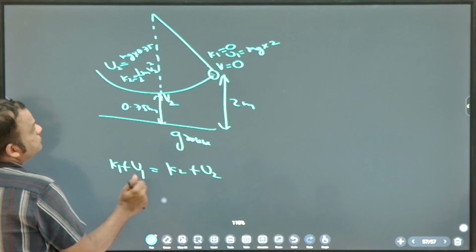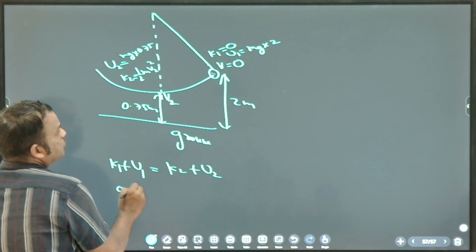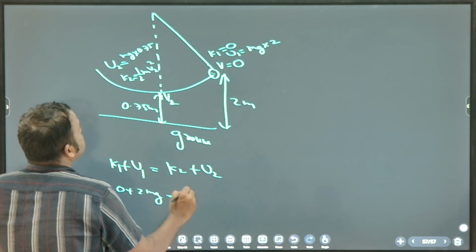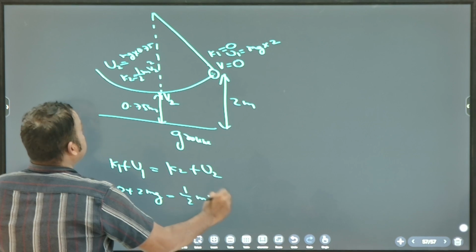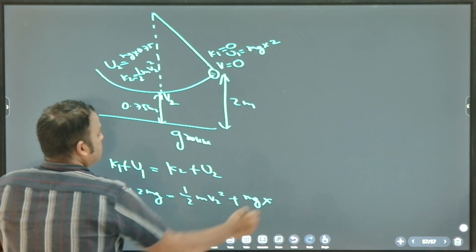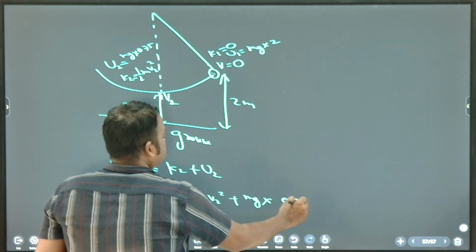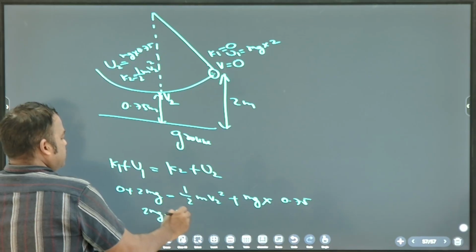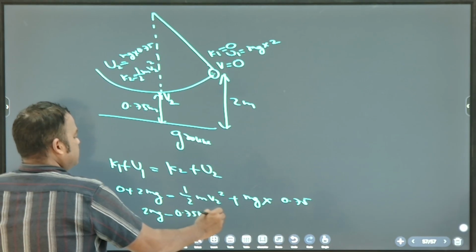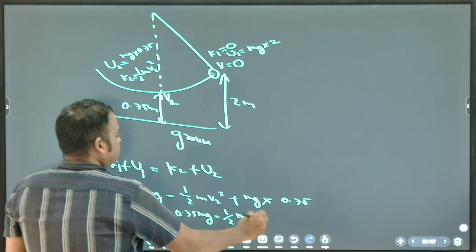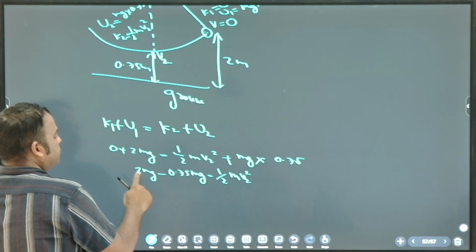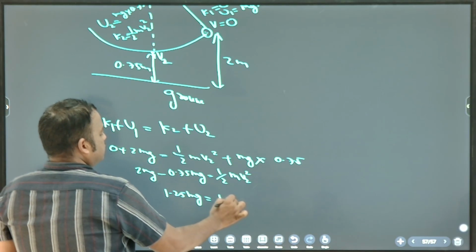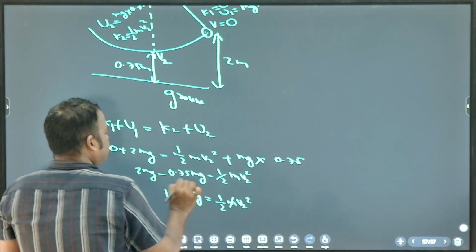So 0 plus 2 mg is equal to half mv2 square plus mg into 0.75. So 2 mg minus 0.75 mg is equal to half m into v2 square. So 2 minus 0.75, 1.25 mg is equal to half m v2 square.